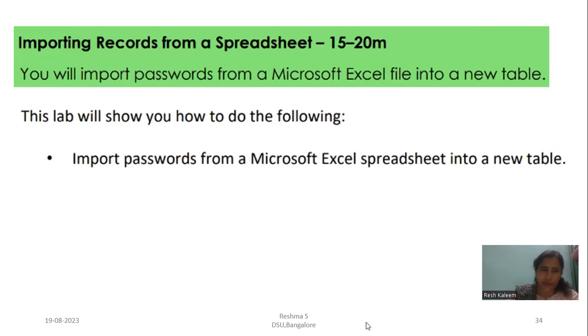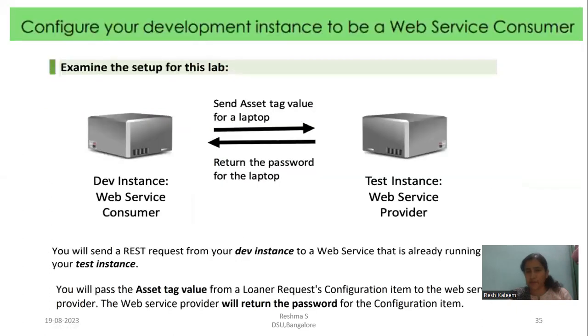Here we'll take one example, which is discussed in a particular lab session, where we'll be importing the passwords from a Microsoft Excel file to a new table. We'll see how to import the passwords from the Excel sheet to the table. This importing will be done through a web service instance, so configure your development instance to be a web service consumer.